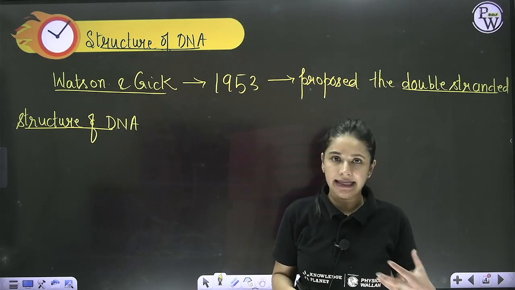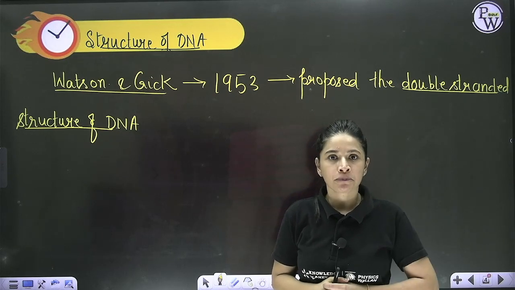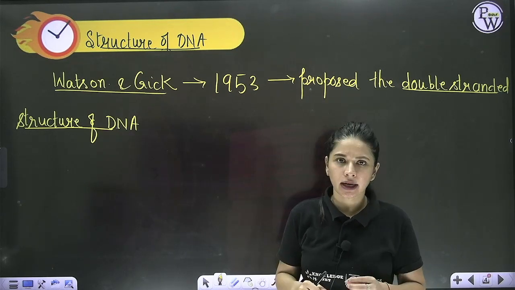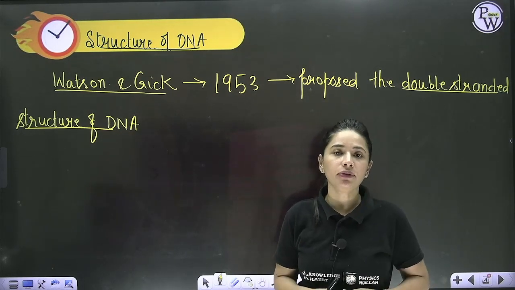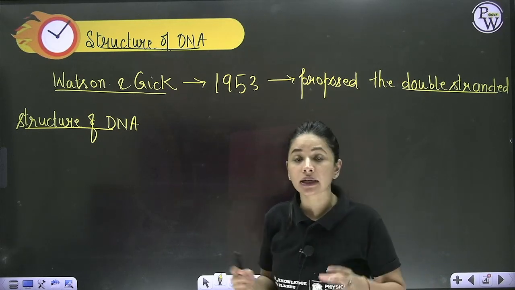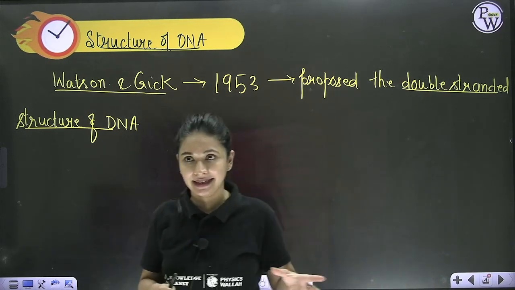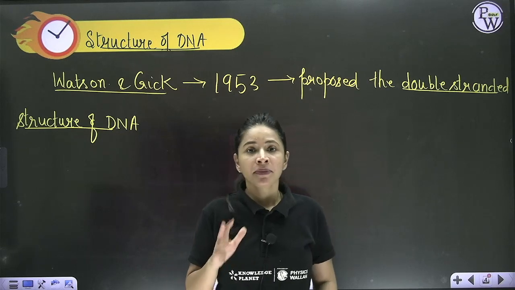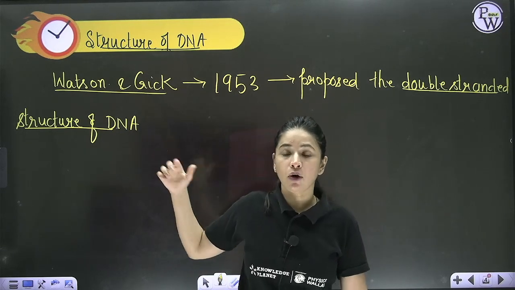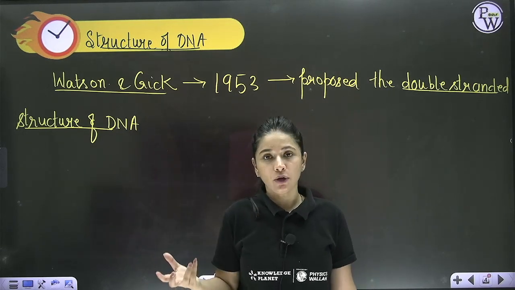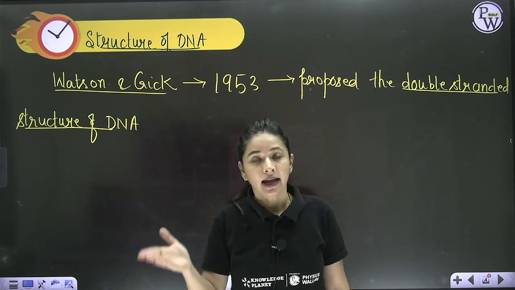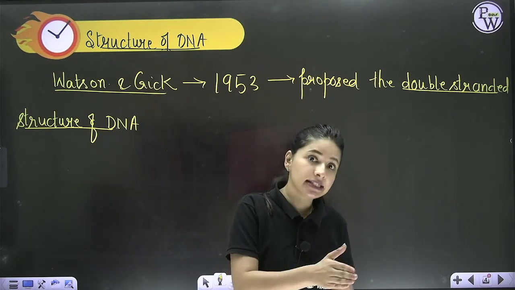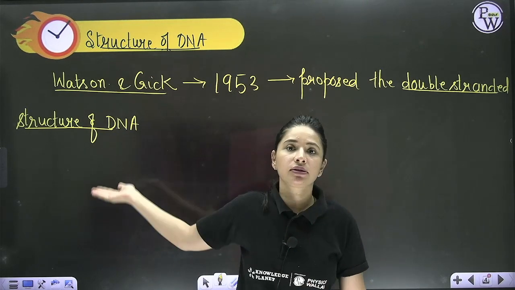And let's see how the structure of DNA looks like. So basically, beta, Watson and Crick could propose the structure of DNA on the basis of the work done by other scientists. In short, you can say that whatever work was done by, or if these two people got the Nobel Prize, that is Watson and Crick, actually it was someone else's credit which was received by them.